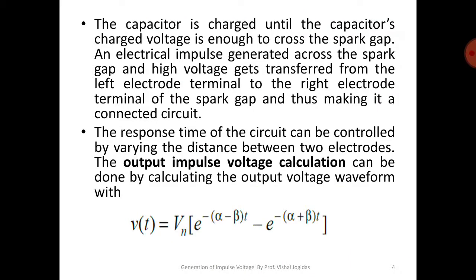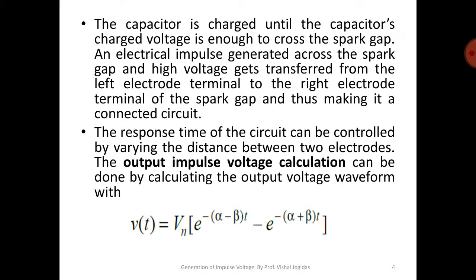An electrical impulse is generated across the spark gap and high voltage gets transferred from the left electrode terminal to the right electrode terminal of the spark gap, thus making it a connected circuit. It means whenever the spark gap conducts, it is considered a short circuit. The response time of the circuit can be controlled by varying the distance between the two electrodes.